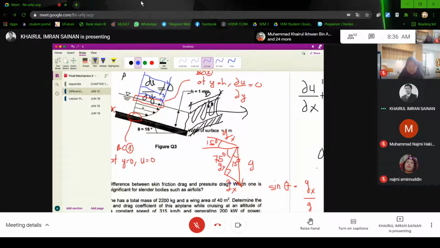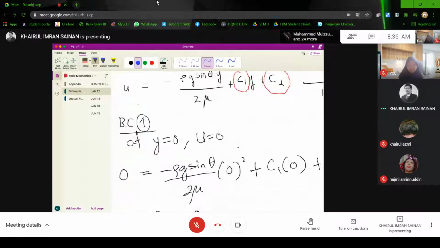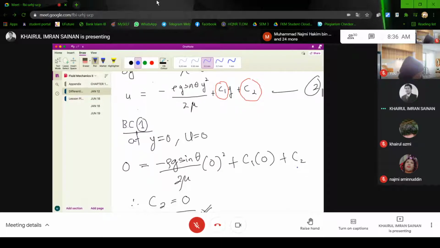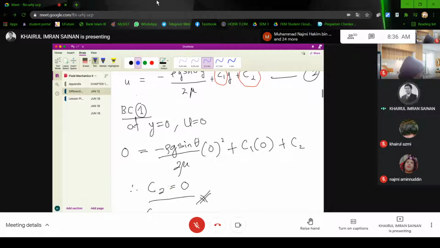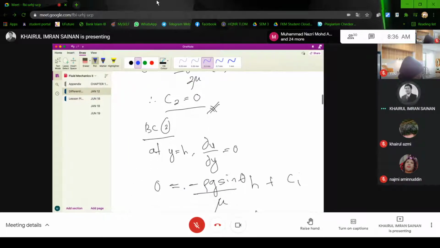So next we apply those boundary conditions. At BC number 1, u equals 0 and y equals 0. What we have is 0 equals negative rho g sine theta divided by 2 mu, multiplied by 0. This is 0, so we find that C2 equals 0. Done for C2. Next we apply BC number 2.